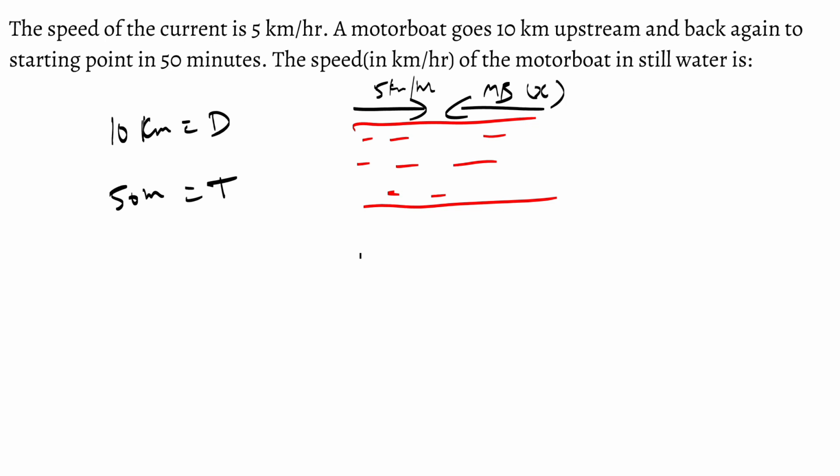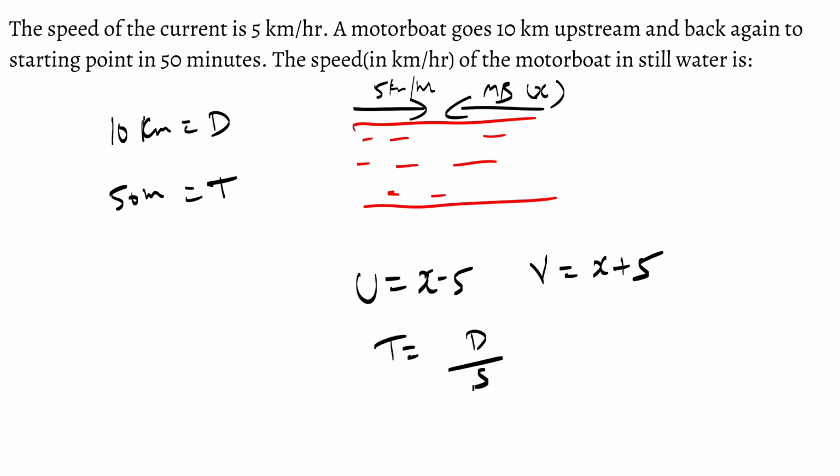Now the relative speed is x minus 5 in upstream and x plus 5 in downstream. Time will be equal to distance by speed in the upstream plus distance by speed in the downstream. The time is 50 minutes, so 50 by 60 to convert into hours.